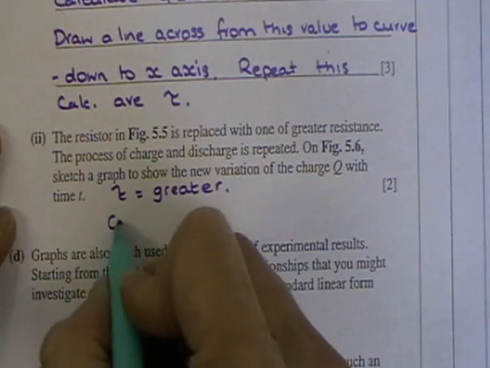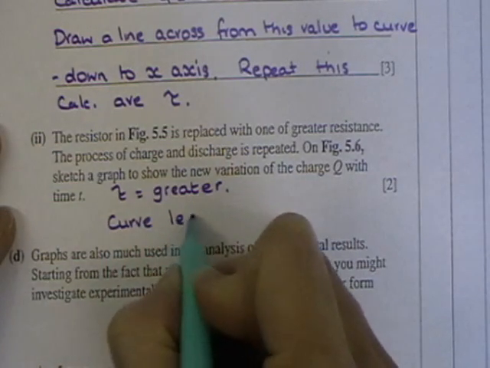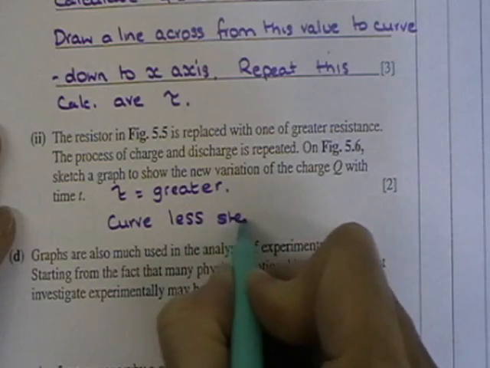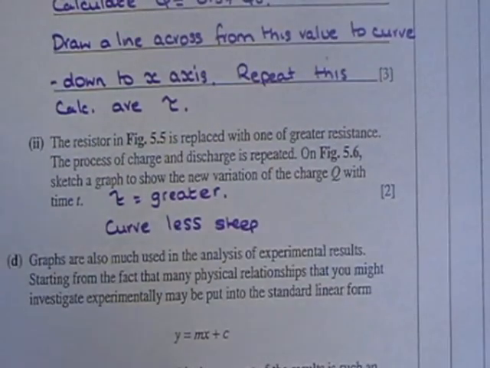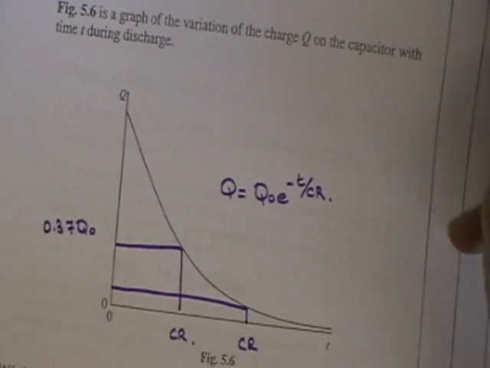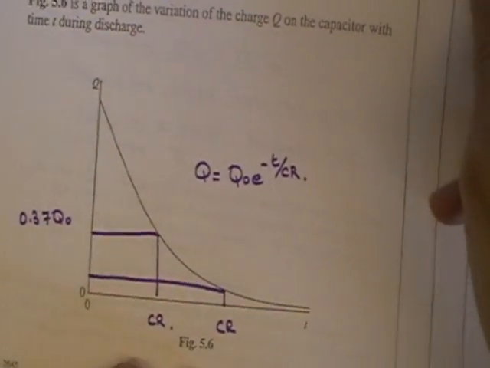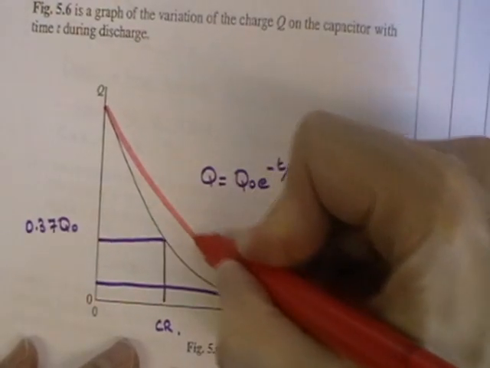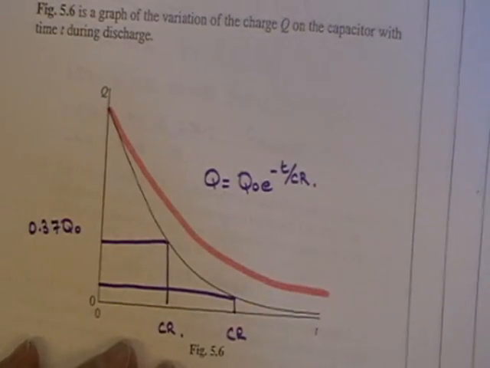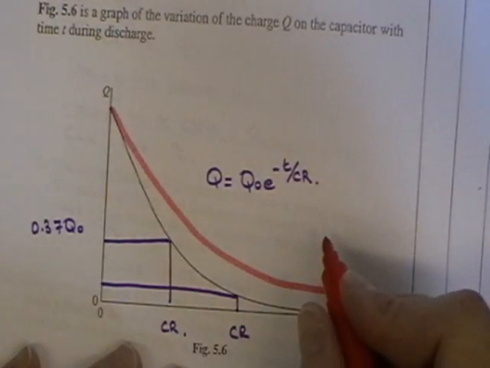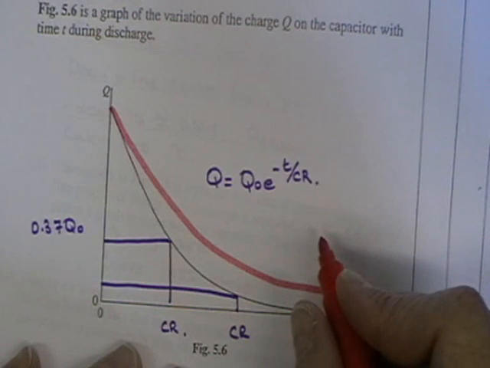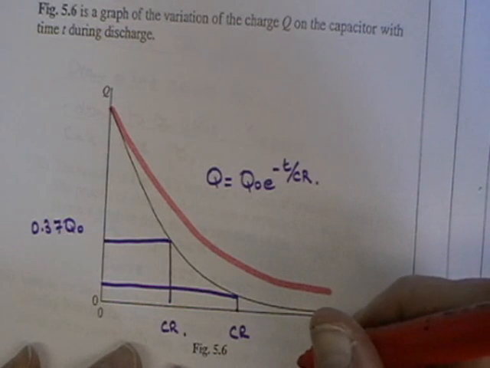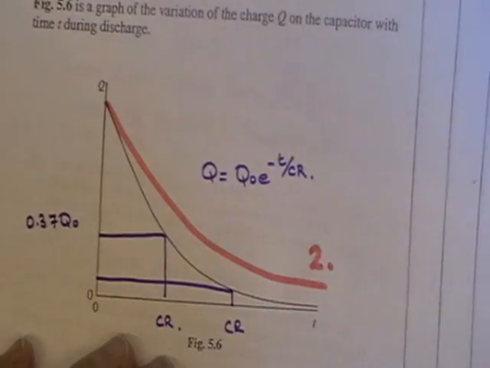So therefore you're going to draw in a curve which is less steep. And I just put in a different colour here, so you can see on your graph here. Starting at the same value, but just not as steep. And you have to label it, no, it doesn't say you have to label it. We'll call it number 2 anyway.